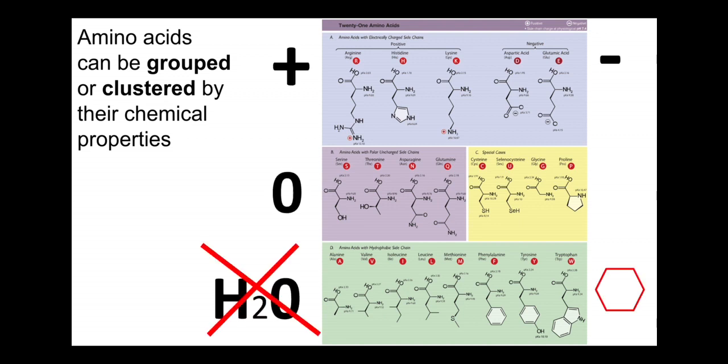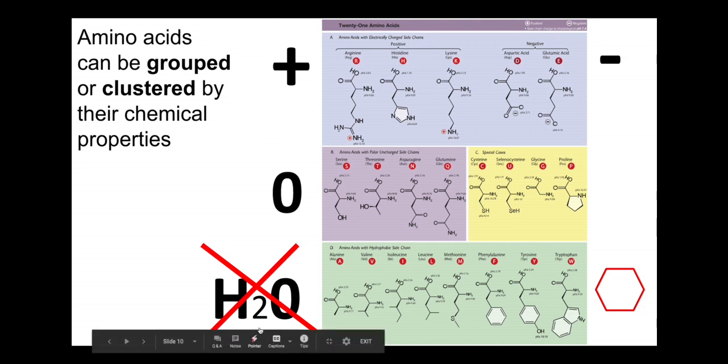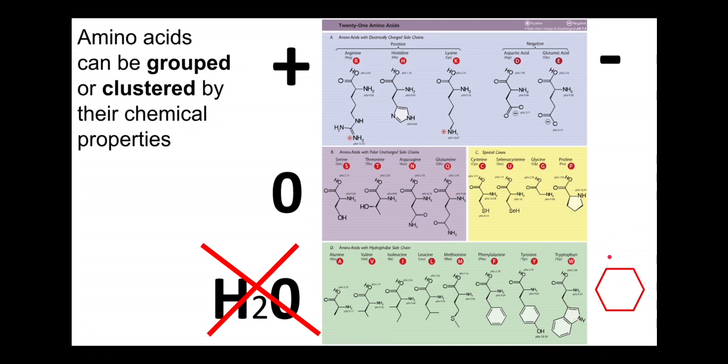So we can look at them and compare and contrast them and see how they might be grouped together. For example, we can look at which ones are positively charged, which ones are negatively charged, which ones have no charge, those that are hydrophobic, those that are hydrophobic and have rings. There's no hierarchical structure to this. These are just groupings in general characteristics.